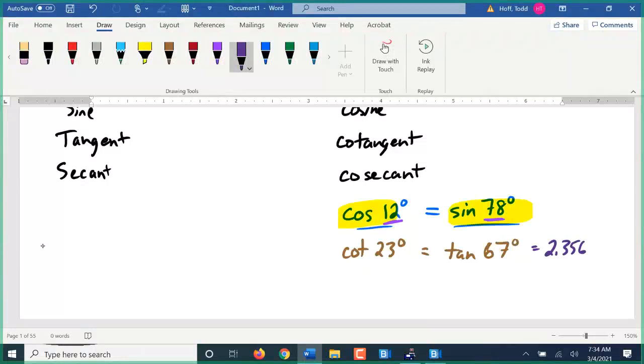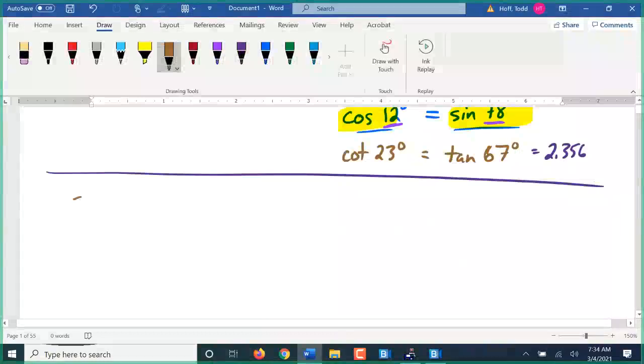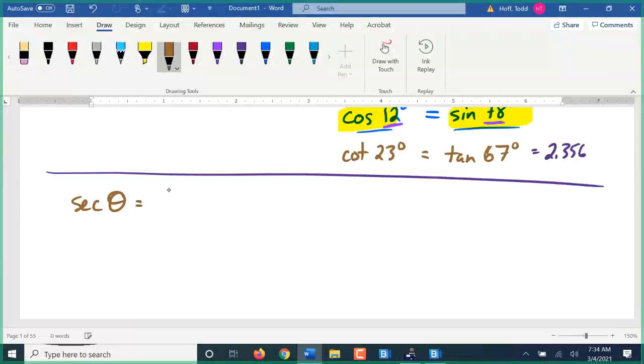One thing that we learned or saw with our functions is that the secant of an angle, again, we use theta for that generic angle, is equivalent to the reciprocal of the cosine of the same angle. We learned that the cosecant of an angle, CSC is the abbreviation for cosecant, is equal to the reciprocal of the sine of the same angle.